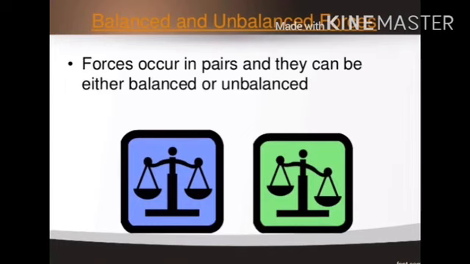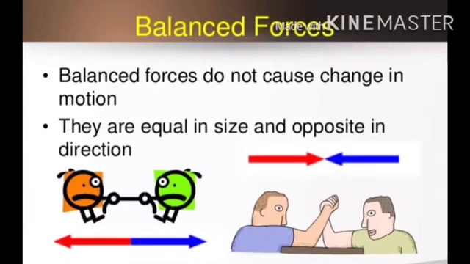Now let us understand balanced and unbalanced force. Forces occur in pairs and they can be either balanced or unbalanced. Balanced forces do not cause change in the motion. They are equal in size and opposite in direction.